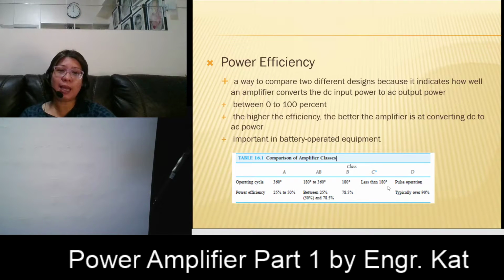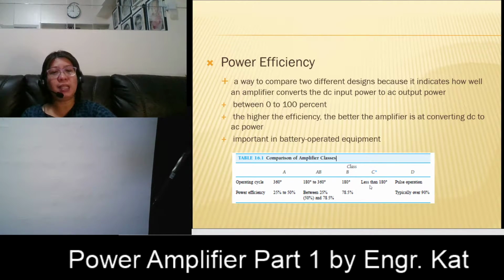Usually we use class A to class D in analog applications. Class D is not technically for digital, although some think that D is for digital, since it is already composed of very small pulses.